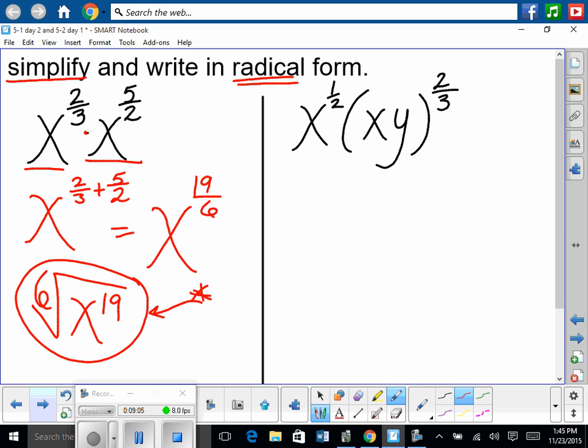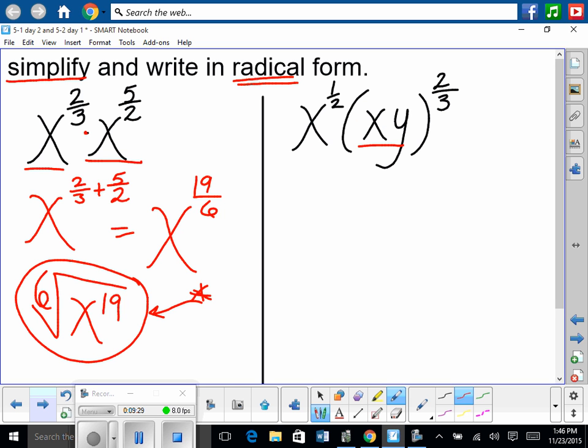Okay, awesome. Next example. Now this is where people, even though I've done this example, will pull me over and say, I don't know what to do. So you guys pay attention. We have x to the 1/2 times xy to the 2/3. Okay, let's think about this, guys. Isn't this all multiplication? Yes. Isn't all this stuff being raised to the 2/3 power?